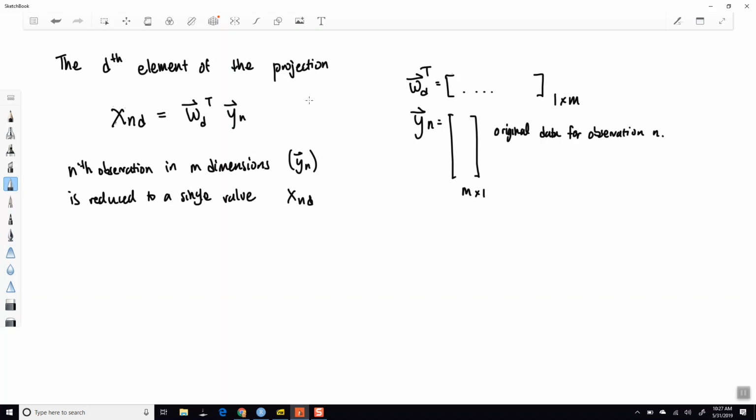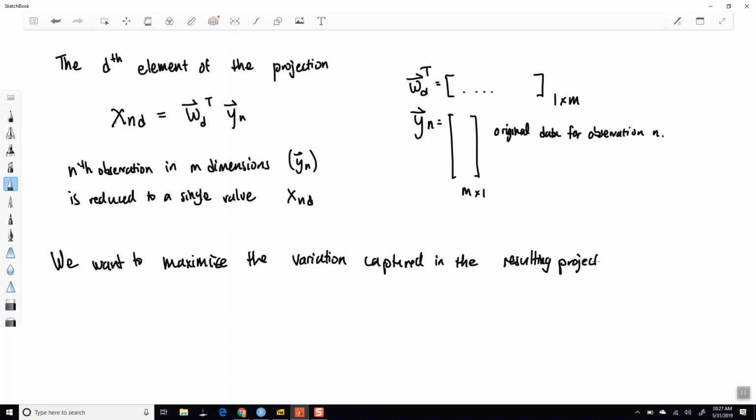Okay, and what we want is to maximize the variation captured in the resulting projected space. Okay. And we've got a couple rules, okay?